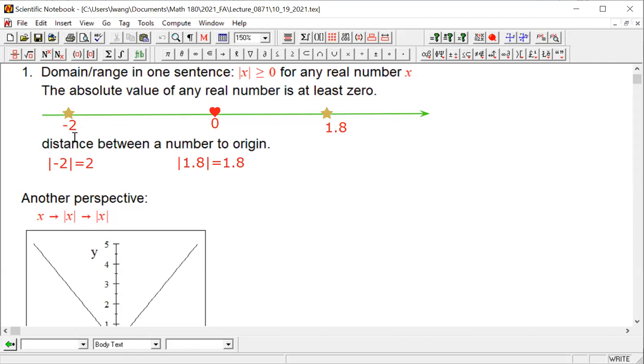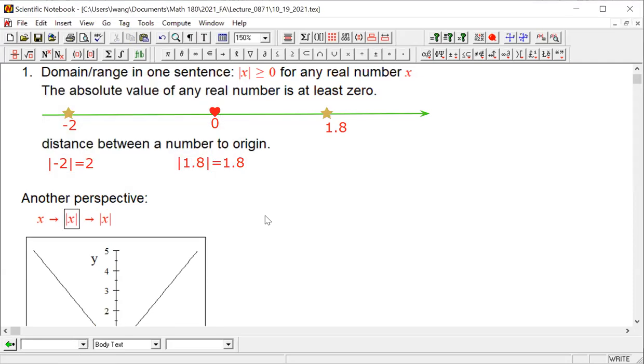And we know that the absolute value of any number is always at least 0: positive number, negative number, or 0. That's the situation we had discussed before. From the function perspective, we did the graph and made lots of observations. So this is the recap. The absolute value of any real number is 0 or positive. You have all these different ways of saying it.